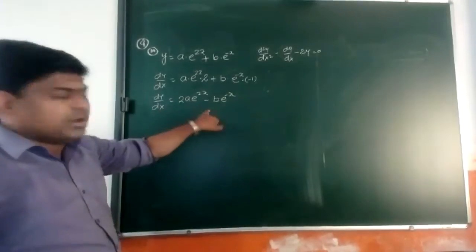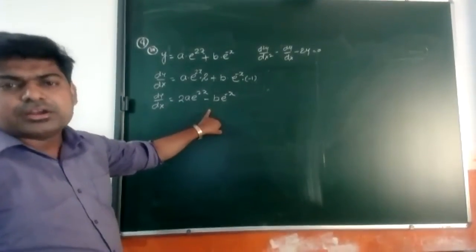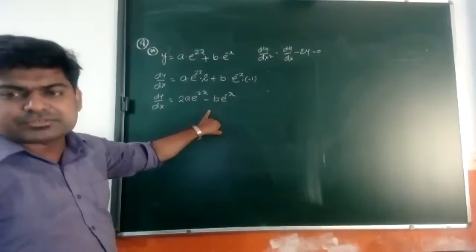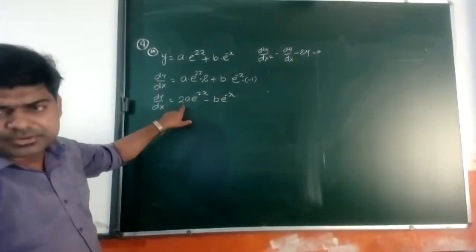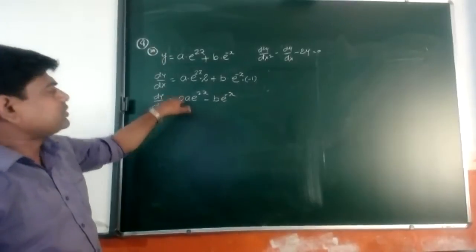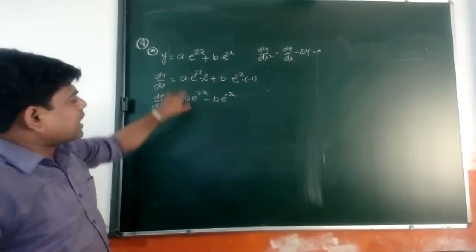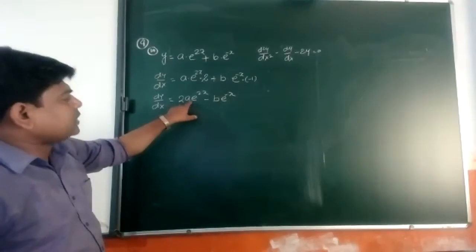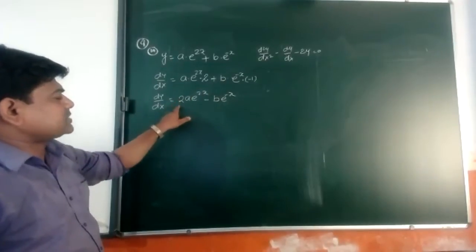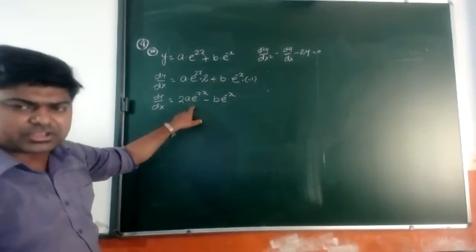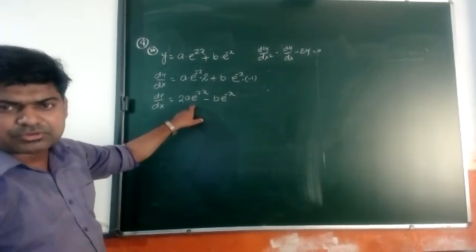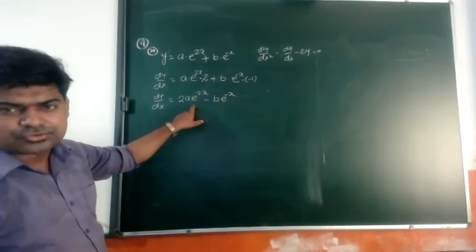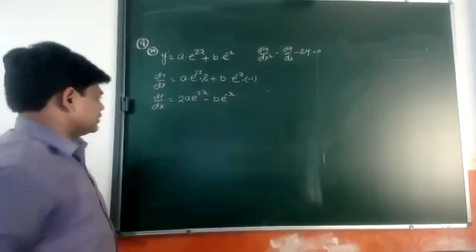Either directly we will differentiate it and then after we will have some arrangement, or here only we can do some arrangement. Some arrangement means that I may write 2 times a e to the power 2x as a e to the power 2x plus a e to the power 2x. Are you getting me what I want to say? No. Let me do it.